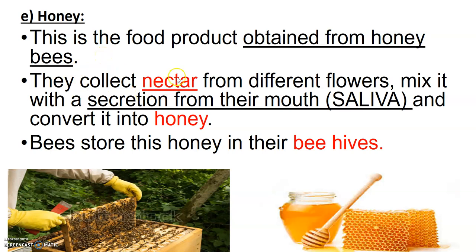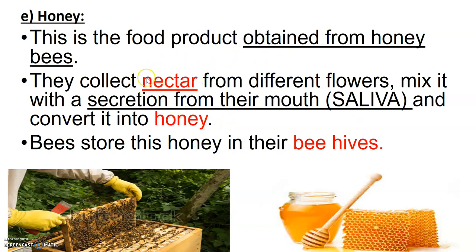How is the honey formed? Honey is formed from the nectar that the honeybee collects from different flowers, and then it mixes that nectar in its mouth with saliva. Saliva, you know, is the secretion in your mouth also. Likewise, the honeybees have saliva in their mouth, and the saliva has some enzymes which will then change nectar into honey. So I am repeating, nectar. What is nectar?